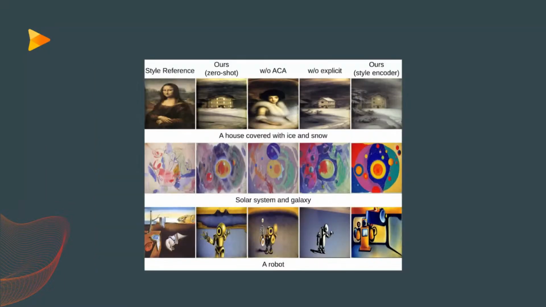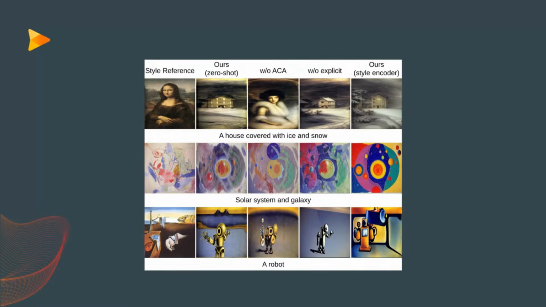Yeah. So here we have some ablation on our components. The most important thing, I think, is the center color. The second column is our result. It means that we don't need any fine-tuning during inference, and we can capture the style features in a way that I think is quite authentic.